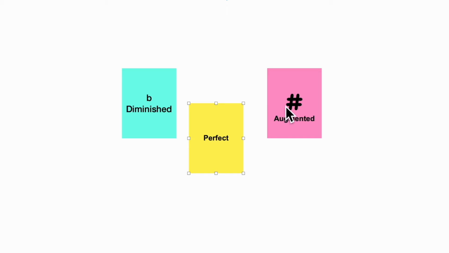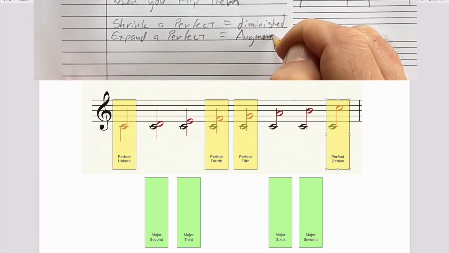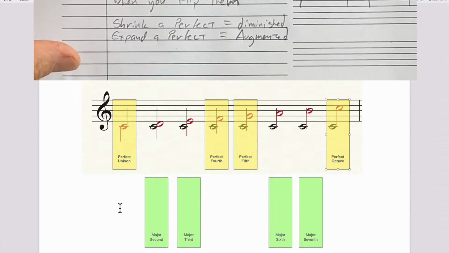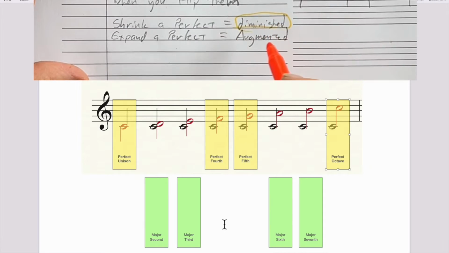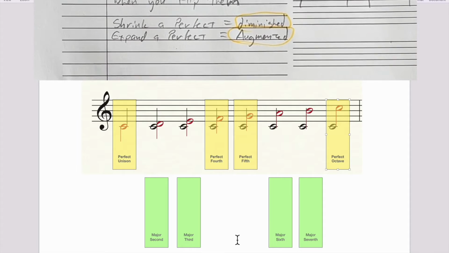And when you expand it by moving 1/2 step, you call it augmented. So it's going to be important to remember that the quality of the intervals unison, octave, fourth, and fifth, as they show up in our scale, they're all perfect intervals.